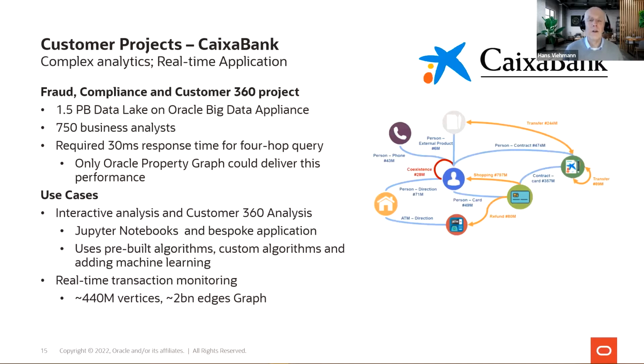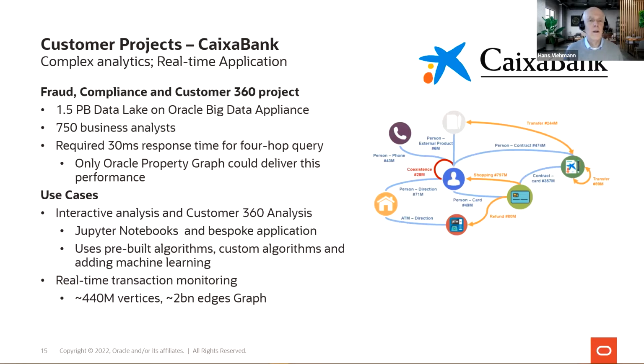So they look at not only is the target account a fraudulent account, or has that target account an association, a direct link to a fraudulent account, but they use that for queries up to 4 hops. So that can be quite a few hops. And as I said, 30 milliseconds response time was what was required, and we were the only ones who could deliver that. In the meantime, they've added a number of additional use cases on top.